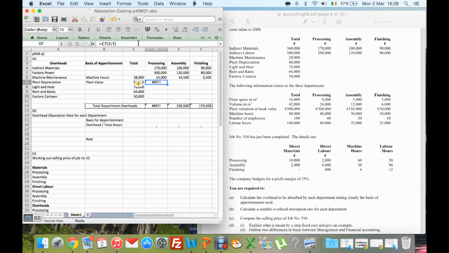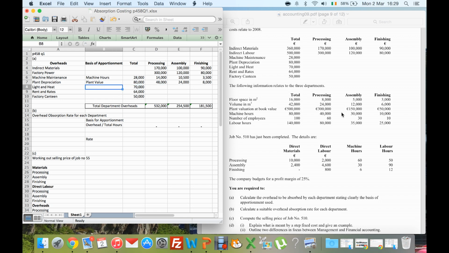No, that's wrong. And then we have 150 over 500. 150 over 500 goes there, and then the last one then is 50, so it's 10%. So that's going to be 8 grand. 10% of 80 grand, so that's 1/10.